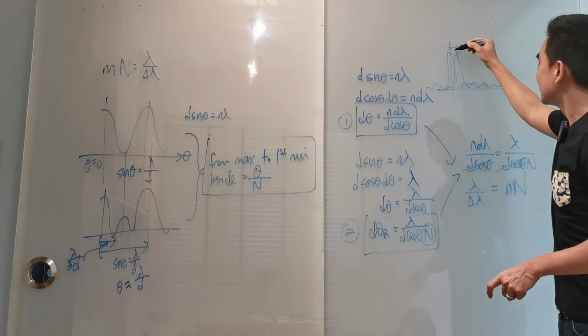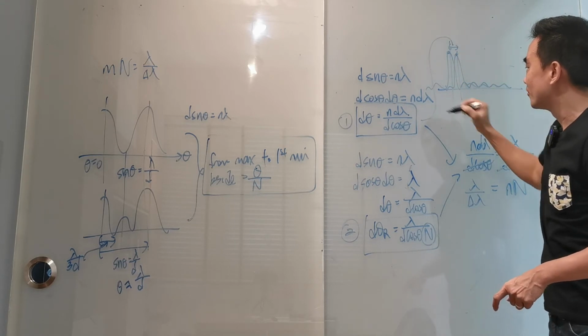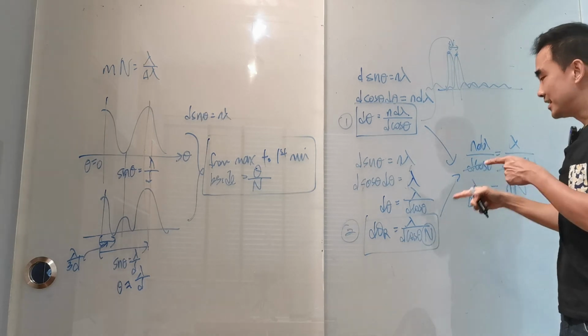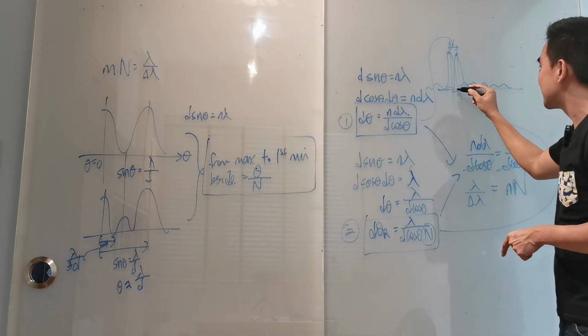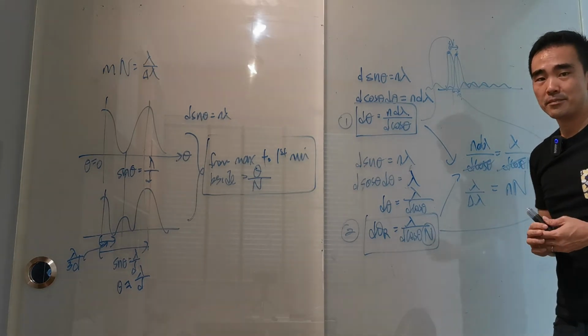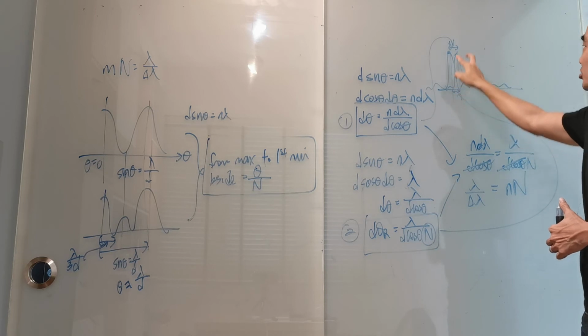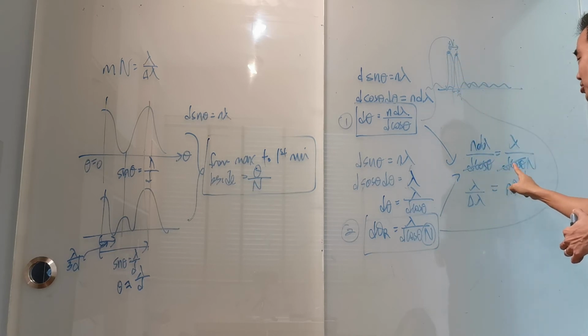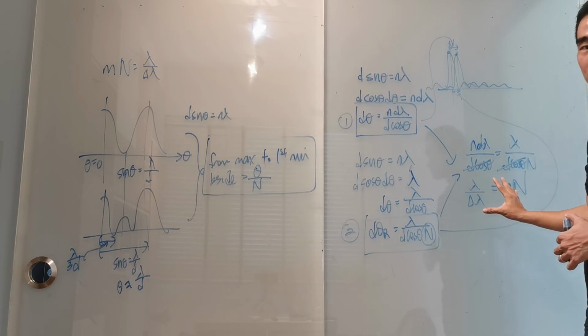So this angular separation between the maxima is the one we talk about over here. Now this angular separation is between the central maxima and the first minima of the same source, the same wavelength. So when these two are equal, that's when we say they're just resolved, and if you equate the two, you can work out this expression.